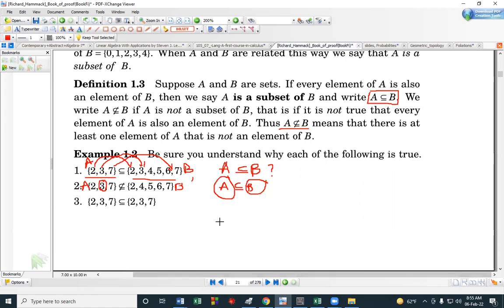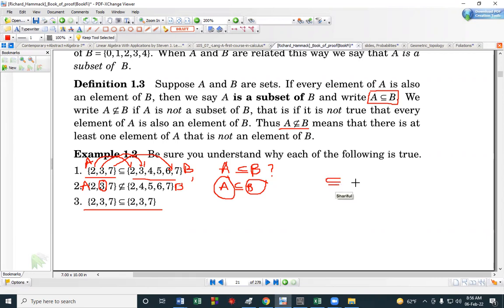Okay. And similarly, what about this? Yes, sir, this is true. Even though they are the same thing, right? Sir, I have a question. Please go ahead. For number 3, why don't we just use an equal sign? Oh, well, we could use the equal sign. When you say inclusion and equal, that means equality is a possibility here.